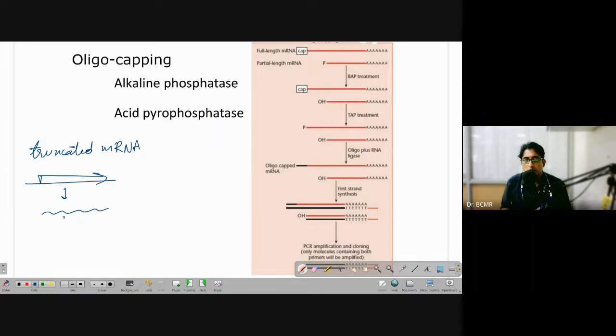So mRNA is produced and translated, but mRNAs will also be degraded. This is how it represents degradation. And some of the mRNAs could be broken, truncated also.